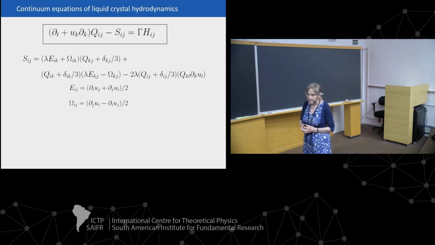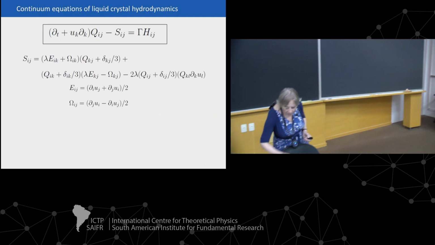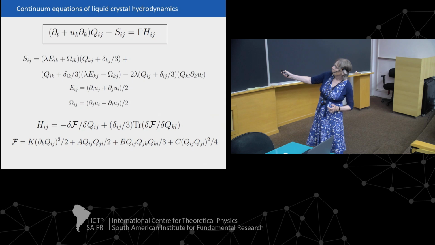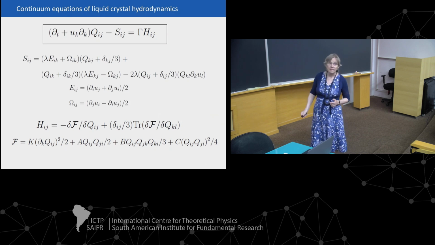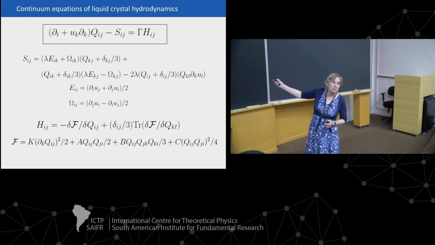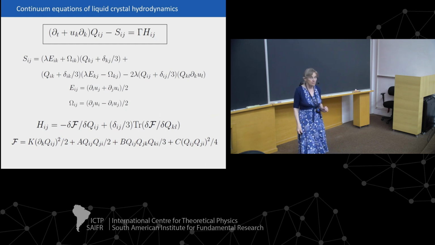That H is dF by dQ, where F is just what we had before, when we wrote down the Landau free energy, an expansion in Q, and this thing here, which is just the elastic term in a one elastic constant approximation. So this is really just put in by hand to make it work, to make you get the right state. If you turn off all the velocities, what you want is that free energy to be minimized. Yeah?